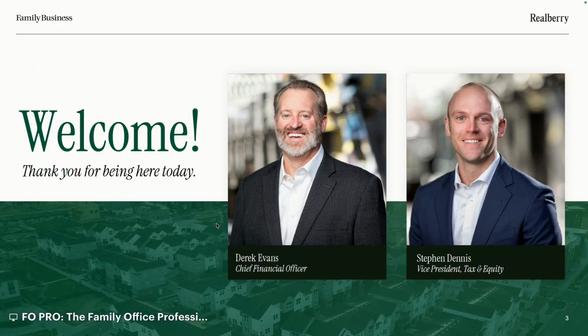He partners with Realberry's investment teams and executive committee on capital formation at the property, fund, and corporate level, balancing long-term hold objectives with investor liquidity needs, and he directs the company's balance sheet strategy, including cash flow, capital structure, treasury, and liquidity planning.